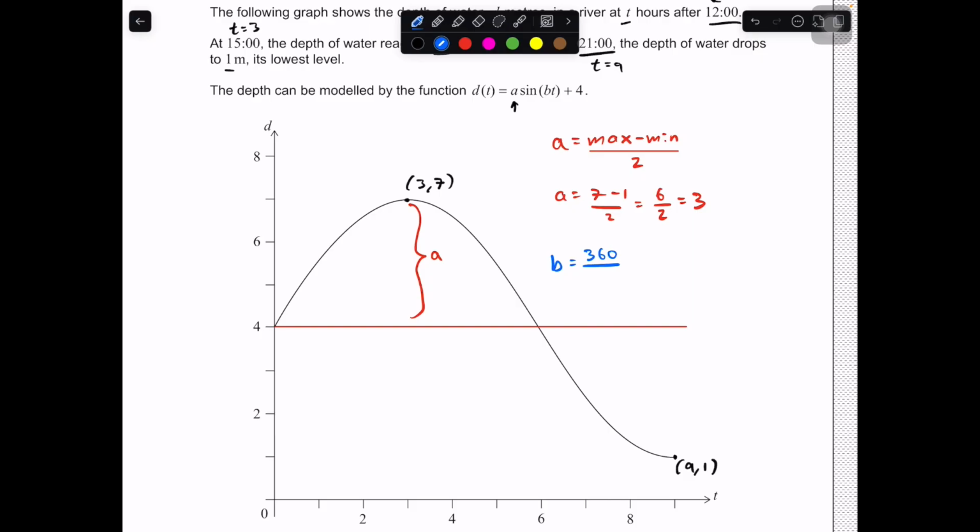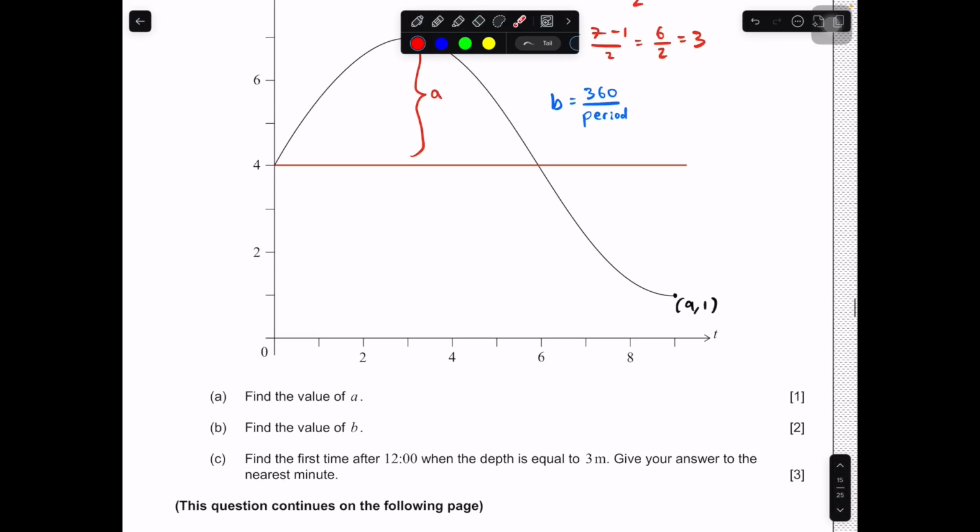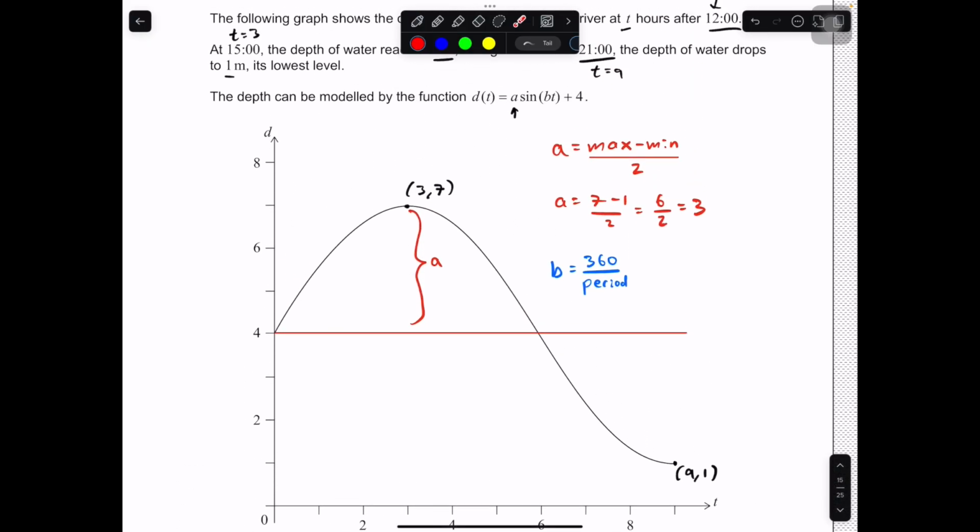So B is equal to 360 over the period. Essentially, how many cycles, this would be one complete cycle when we make it back to here. How many cycles are there within 360 units, in this case, hours. Alright, so usually they actually start us off by asking us to find the period.